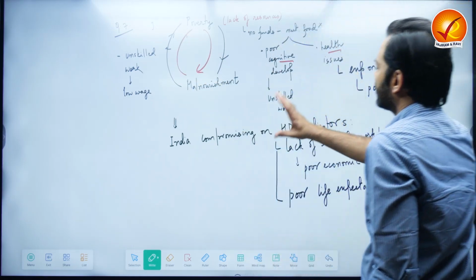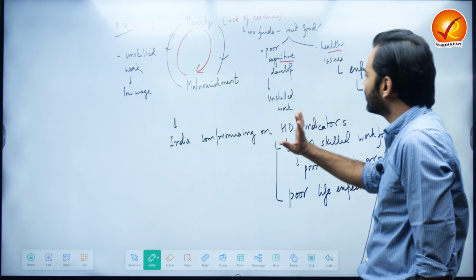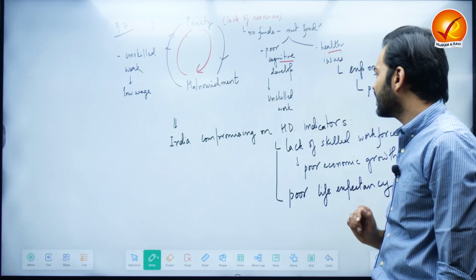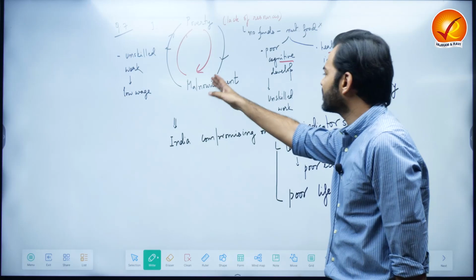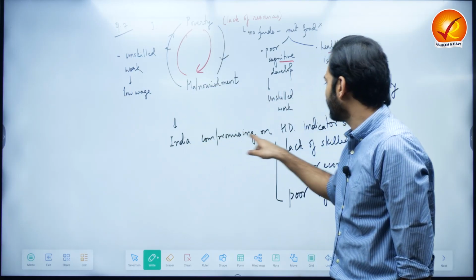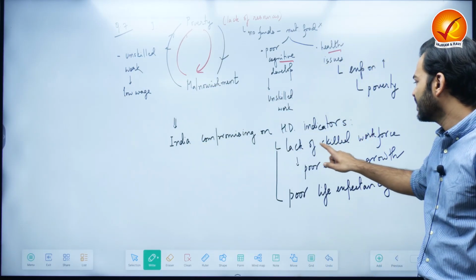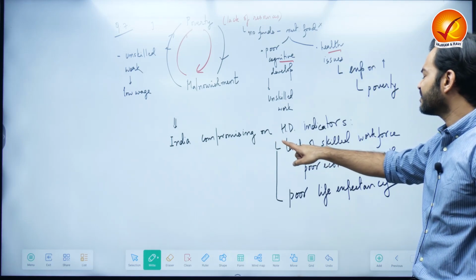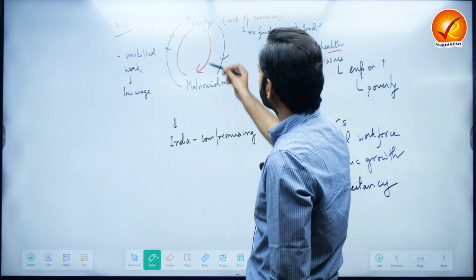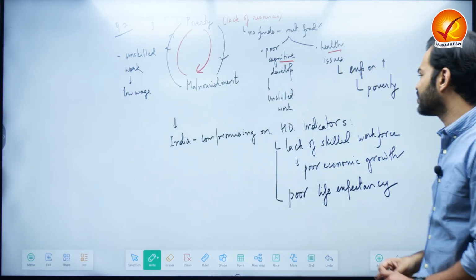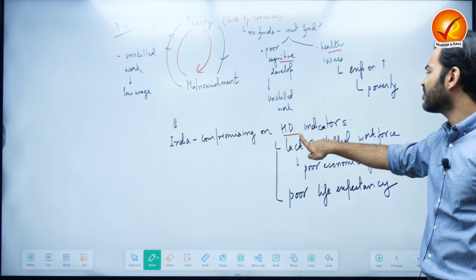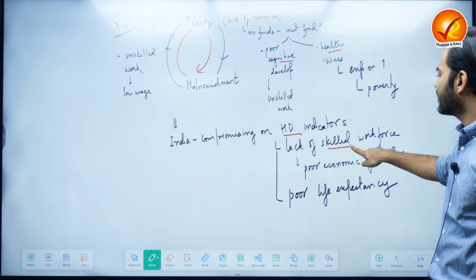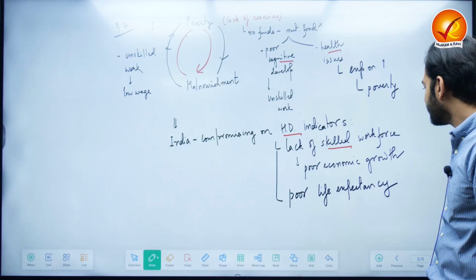So this can be explained in the body also, or you can write this in the introduction. Then you can say how poverty and malnourishment compromise human development. You can say that because India is suffering from poverty and malnourishment, it compromises on health development indicators, like India lacks a skilled workforce.